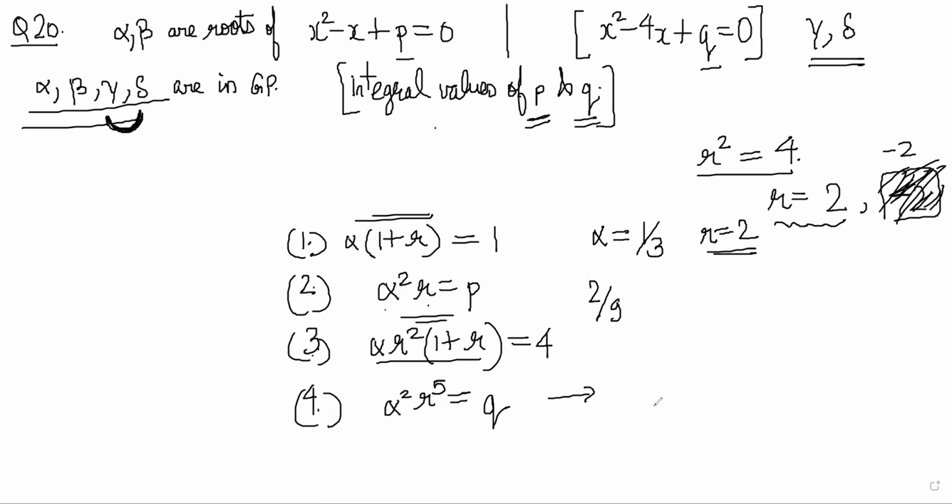But they want integral values, so something has gone wrong here. Q is coming as alpha square, 1 by 9, times 2 power 5, which is 32 by 9. So P and Q are coming out to be these.